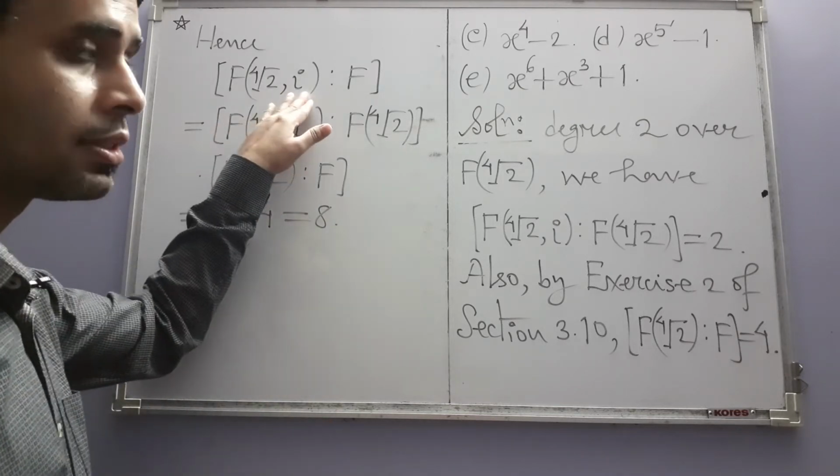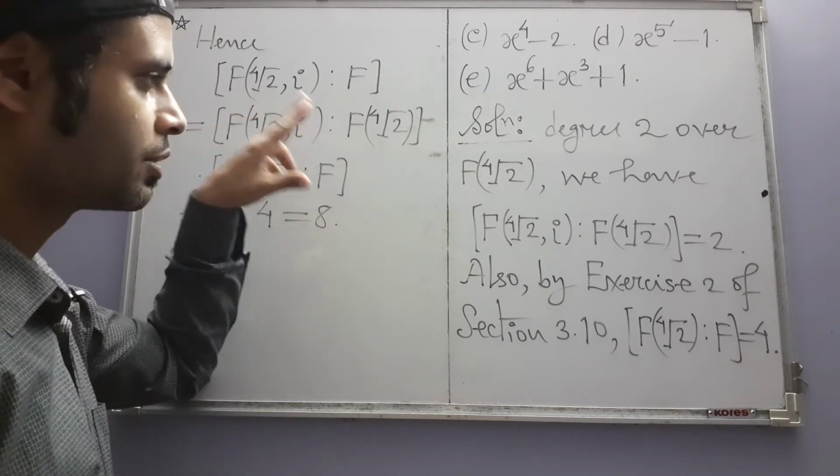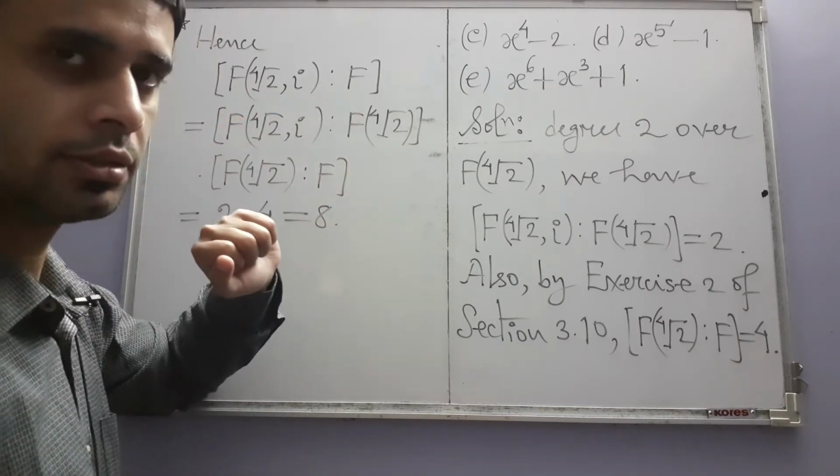So, and this is the splitting field. We already argued and concluded that. So here the degree of the splitting field over f is 8.